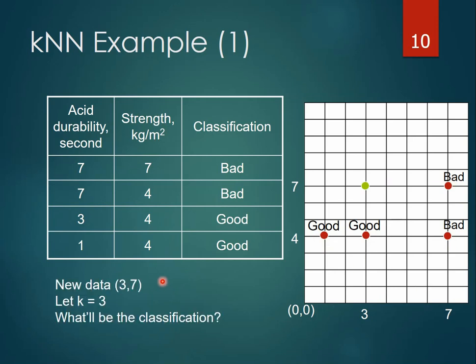So we were given a new data point, which is at coordinate 3, 7, the green one here. And we were given k, or the number of neighbors, 3. And what we are supposed to find, what will be the classification of the new data point.